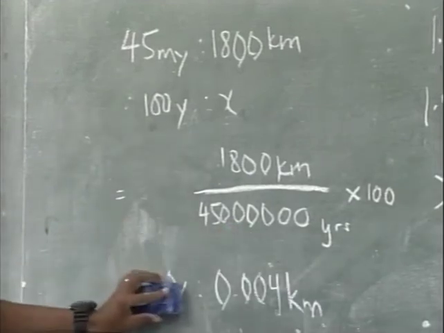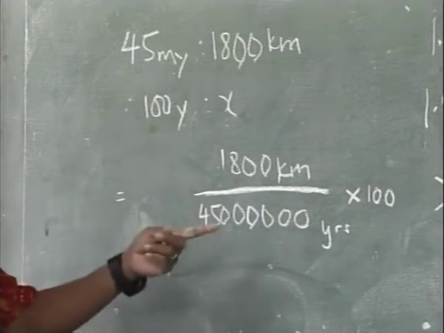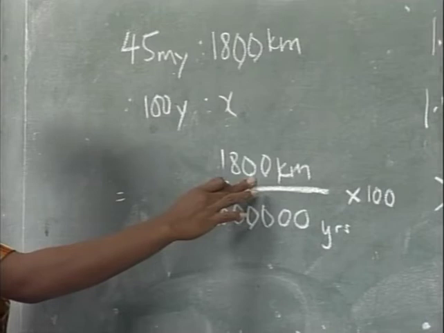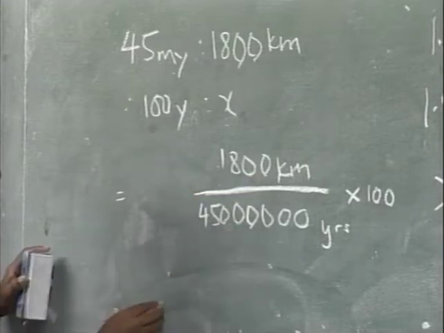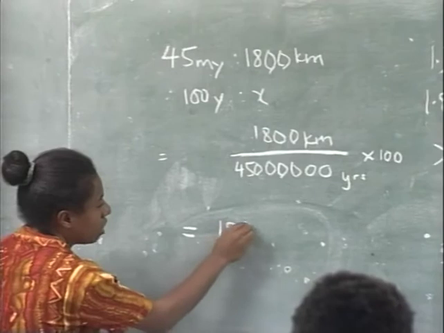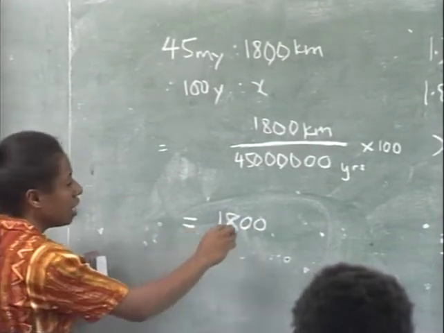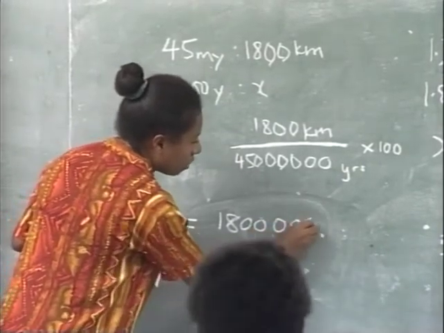Okay, so for convenience sake, let's change these kilometers to centimeters. So it will be multiplied by 100,000. So it will be 1,800, not plus, but times 100,000. That will give us how many more zeros? 5. 1, 2, 3, 4, 5.